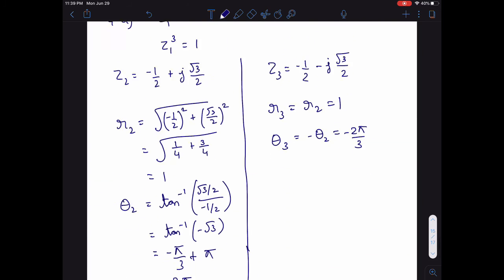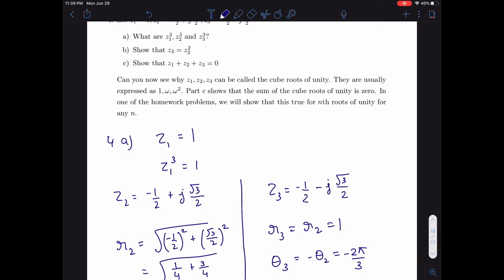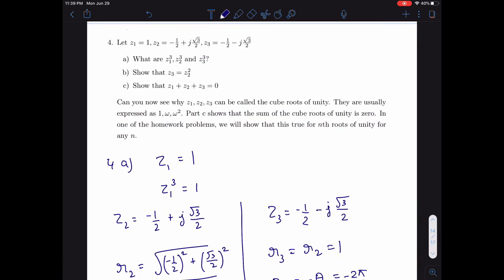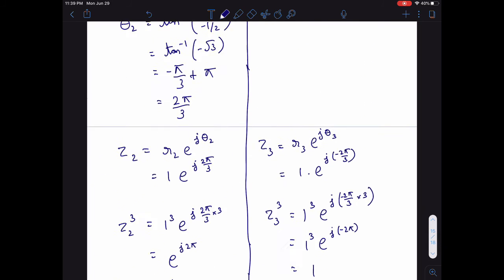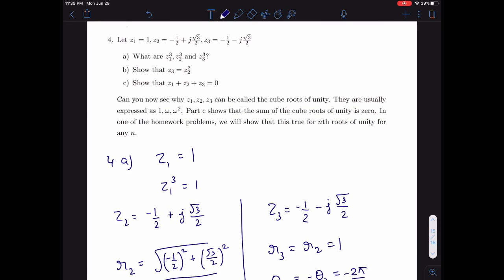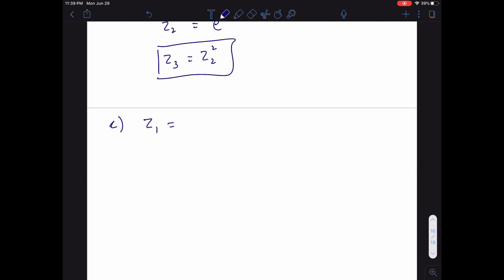And now let's move on to the third part of the question, which just asks us to show z1 plus z2 plus z3 is 0. So for z1, we'll just use the Cartesian form given in the question. So z1 is 1, z2 is minus half plus j root 3 by 2, and z3 is minus half minus j root 3 by 2.